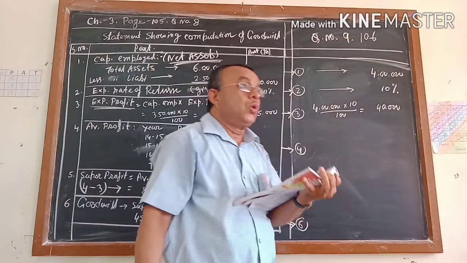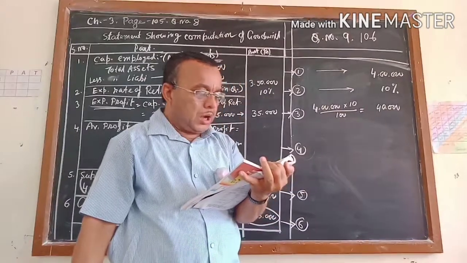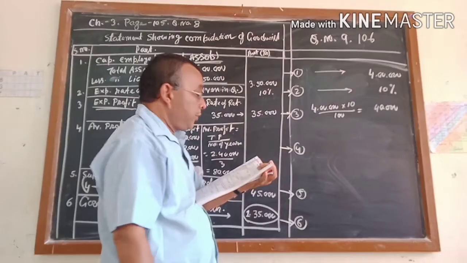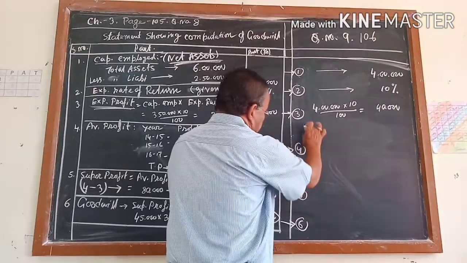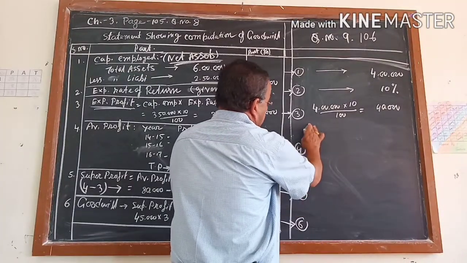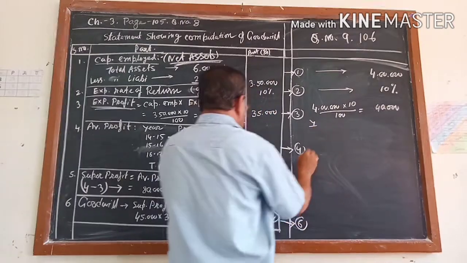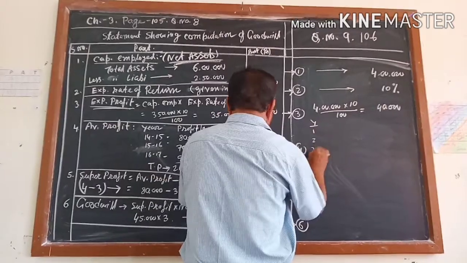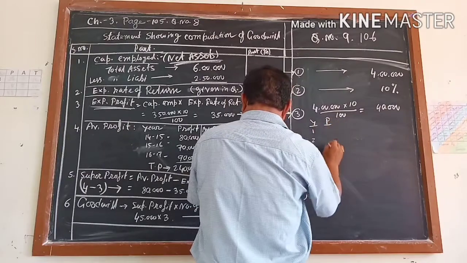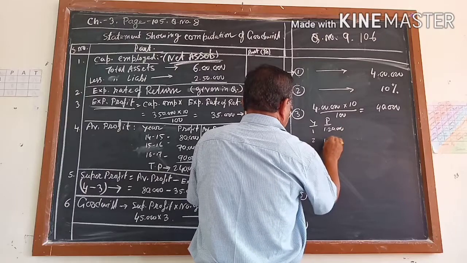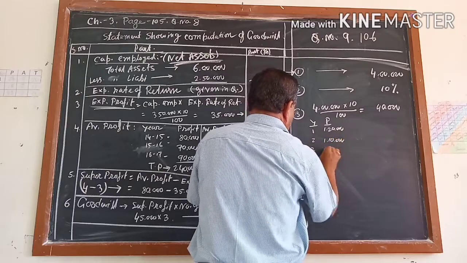Now step 4, you have to find out the average profit. Here I am taking the space from here so that I might get maximum space. It is given 1, 2, 3. This is profit: 1 lakh 20, 1 lakh 10 and 1 lakh.